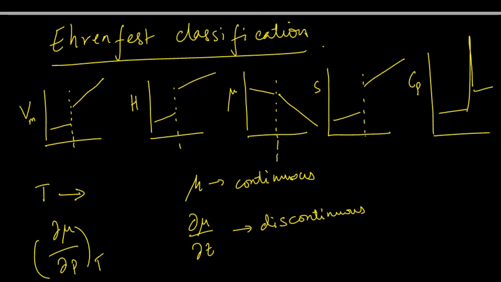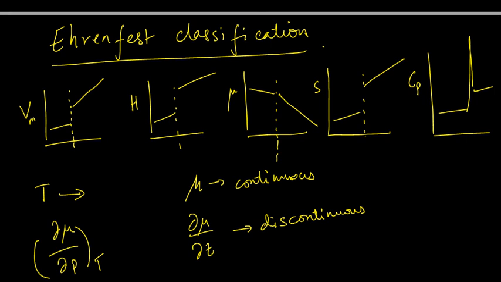So in this kind of a transition, mu is continuous, although the slopes are different, but the first derivative of the Gibbs free energy, or the chemical potential, is discontinuous. All these are first derivatives, with respect to temperature or pressure.